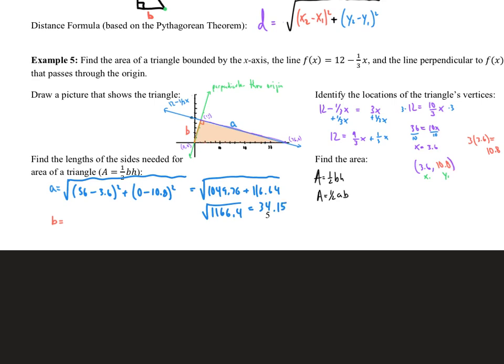And do the same thing for B. So I need the difference here. So this is my x1 and y1. This is my x2 and y2. So 3.6 minus 0, of course, would just be 3.6, squared, plus 10.8 minus 0. So again, there's the origin. That would be 10.8.